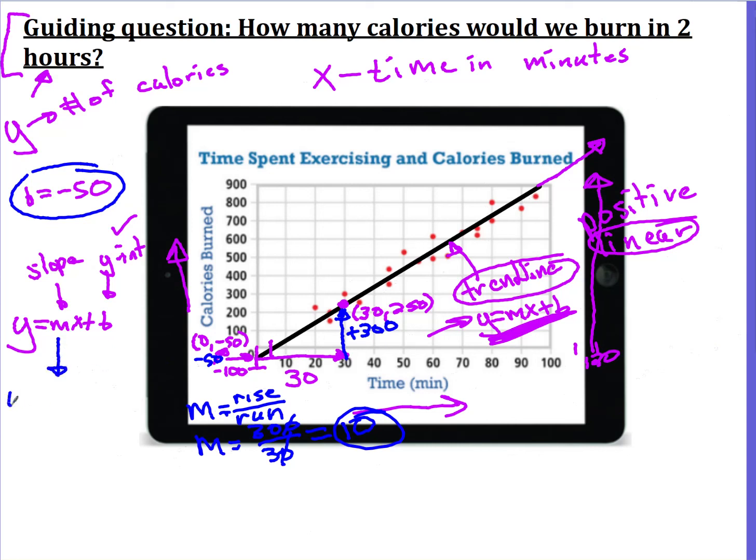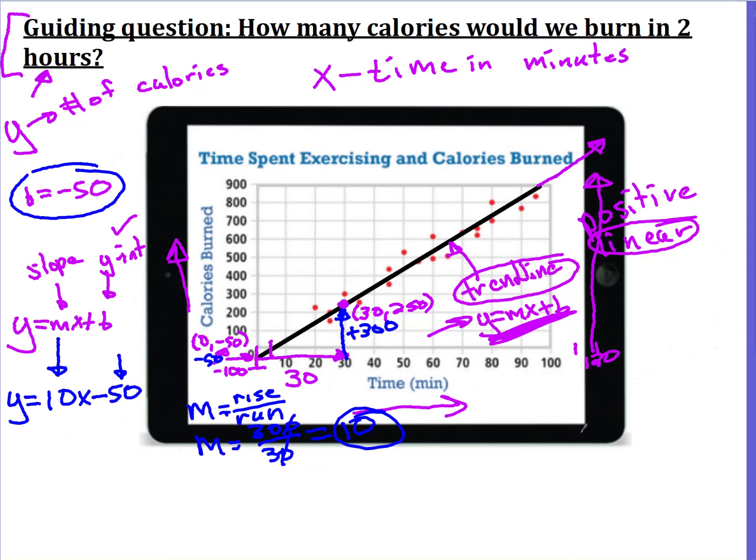Now I can write my actual linear equation, not just the generalized form. That's going to be y equals 10x, and then plus a negative 50, but we can just write that as minus 50. So y equals 10x minus 50, which says that maybe we have a little warm-up period where we don't burn as many calories at the beginning, so this is kind of our fudge factor for that. And we burn about 10 calories per x, which is minutes, so 10 calories per minute. But we have a little startup time. You might not burn so many calories at the beginning, which is why we've got that intercept below.